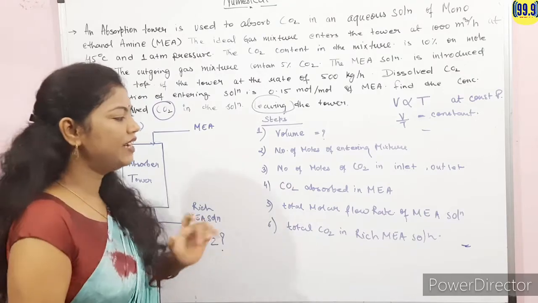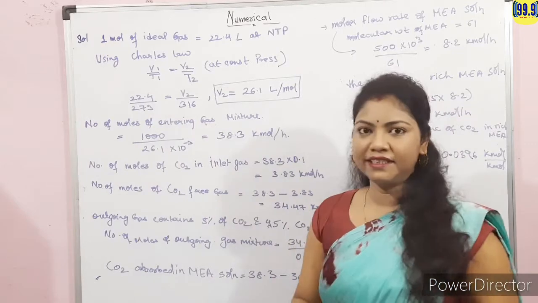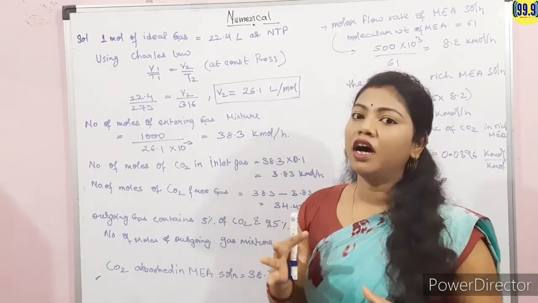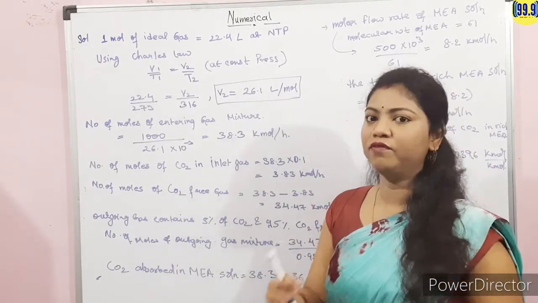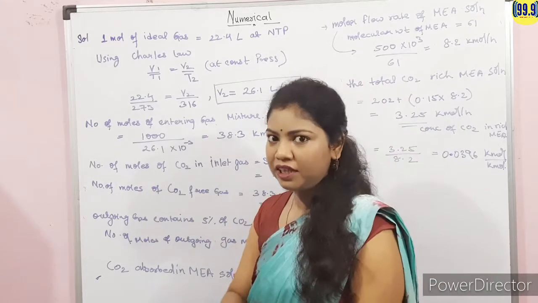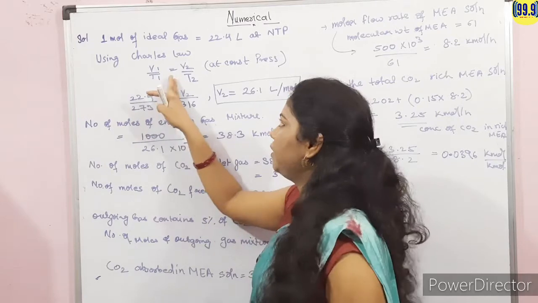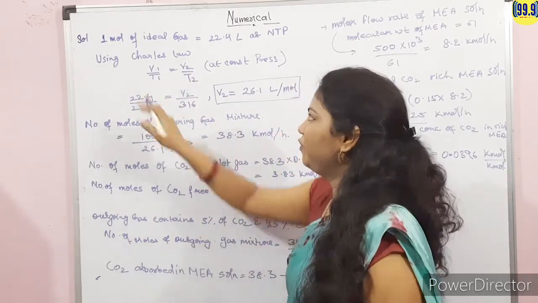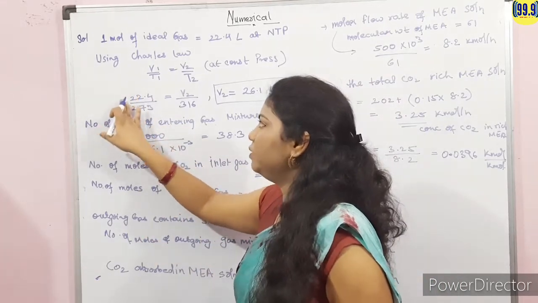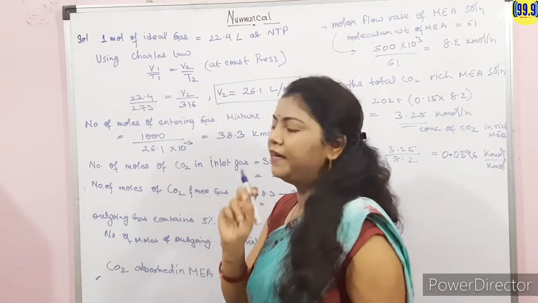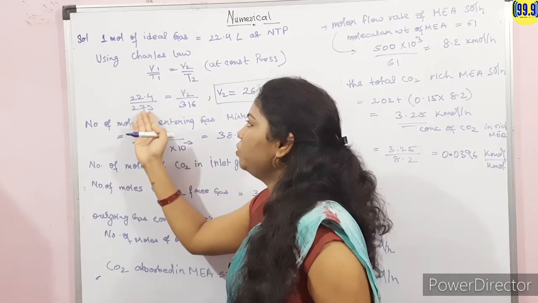So let's begin. As we know, 1 mole of ideal gas is equal to 22.4 liter at NTP. Using Charles law, we are going to calculate the volume V2. According to Charles law, as I already explained, the equation becomes V1 upon T1 is equal to V2 upon T2. V1 is at NTP condition, so the volume is 22.4 and the NTP temperature is 0 degrees Celsius, which is 273 Kelvin.